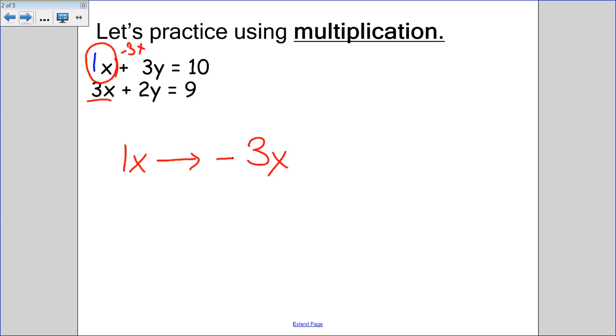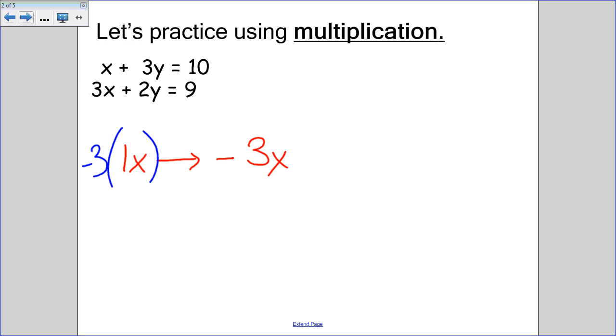Remember when we were talking about functions and you have to go through a transformation? How could I transform 1x to negative 3x? Good. I would have to multiply this first part by negative 3. If I did that, I would start to be able to eliminate a variable.